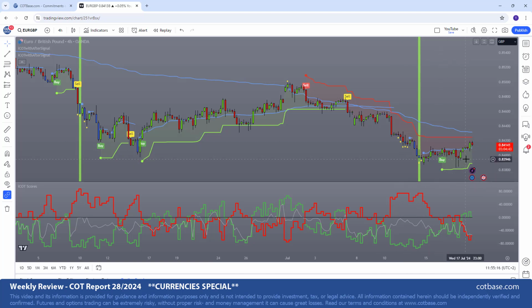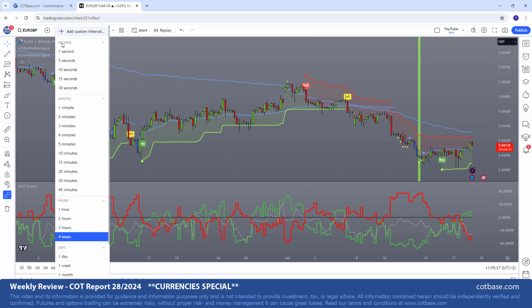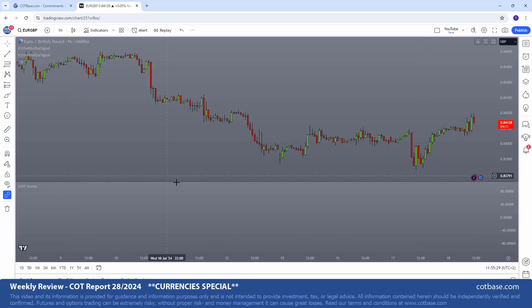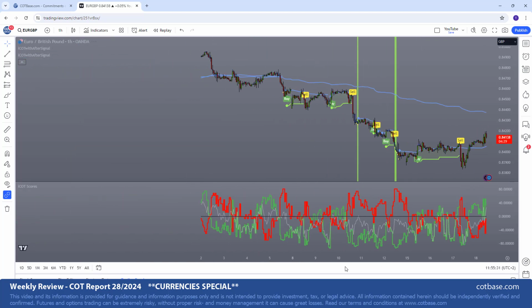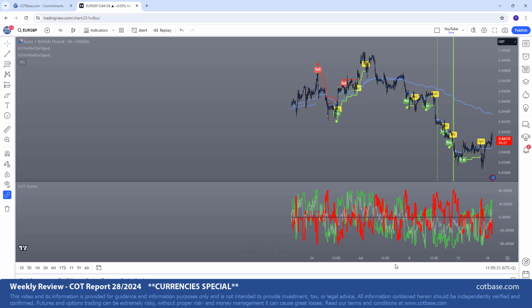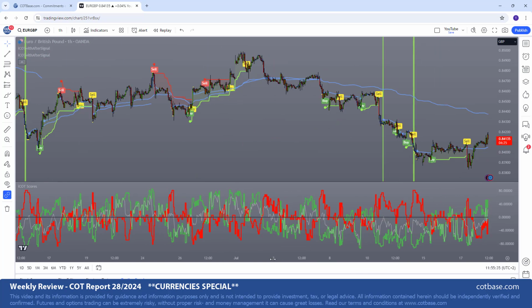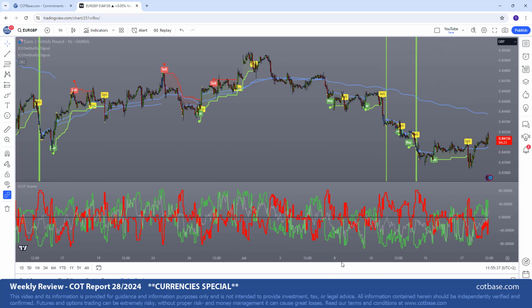We may see the euro British pound strengthening, so this analysis actually supports what we see in the classic COT report analysis. Moving to a 1-hour candlestick chart, just showing maybe a longer time frame over here. You can see a few opportunities.